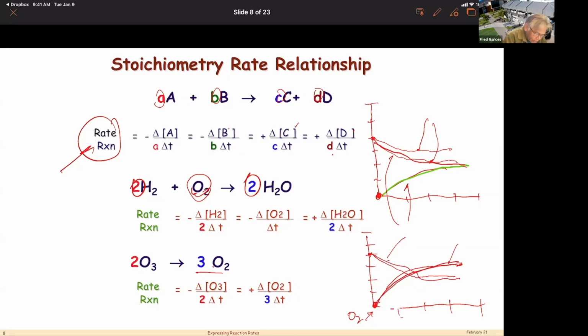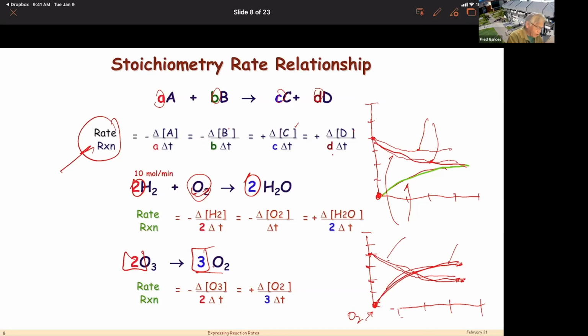Notice how I make it go down 2 tick marks before it plateaus out, and I make this go up 3 tick marks, and that makes it easy on me because that's what the coefficients are. So that's how you would draw this concentration time diagram.